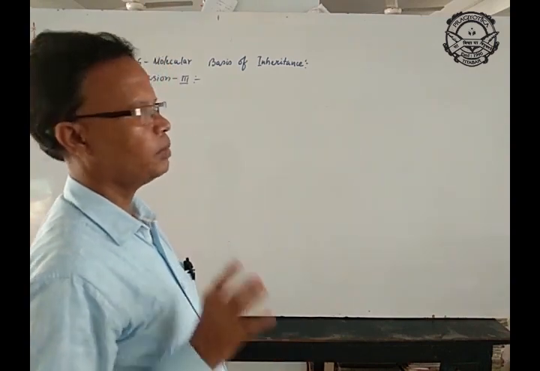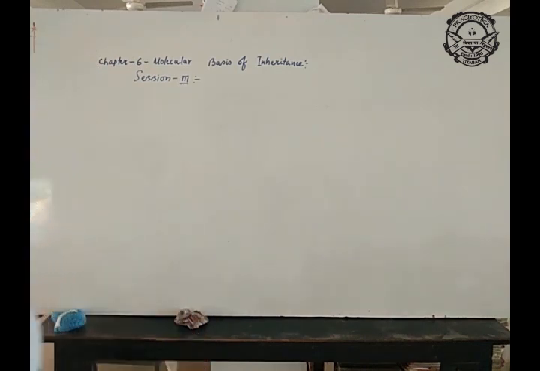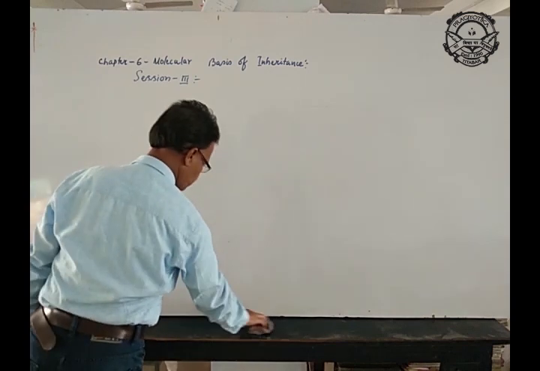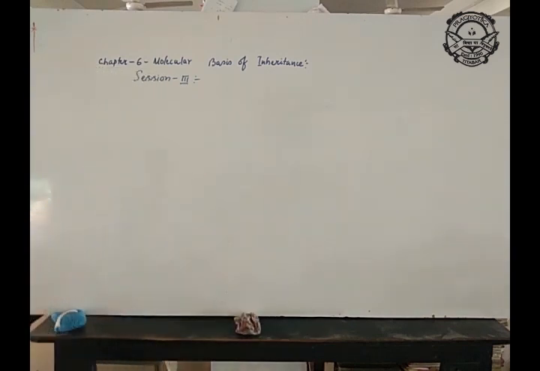I think you have accepted this concept. So a nucleotide is a trimer, whether it is an RNA nucleotide, ribonucleotide, or a deoxyribonucleotide. A nucleotide is always a trimeric molecule.